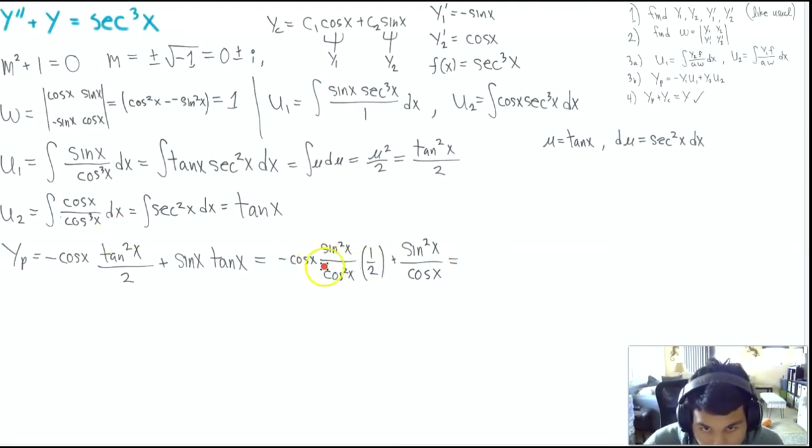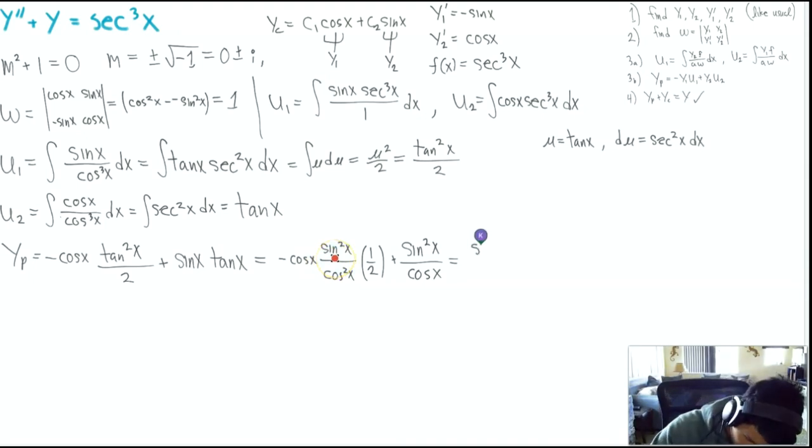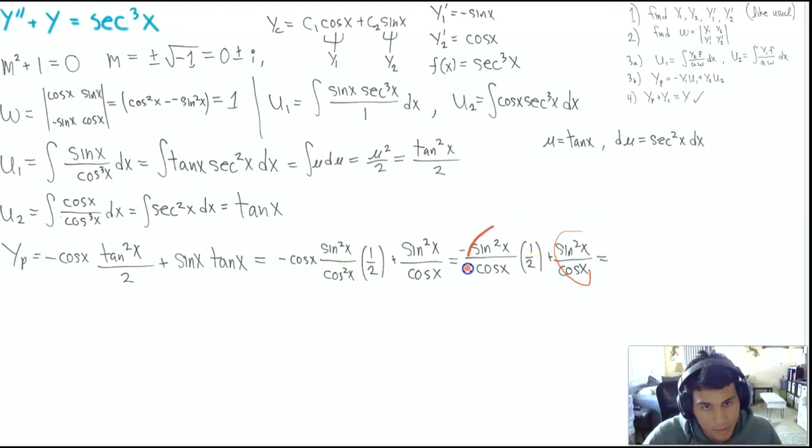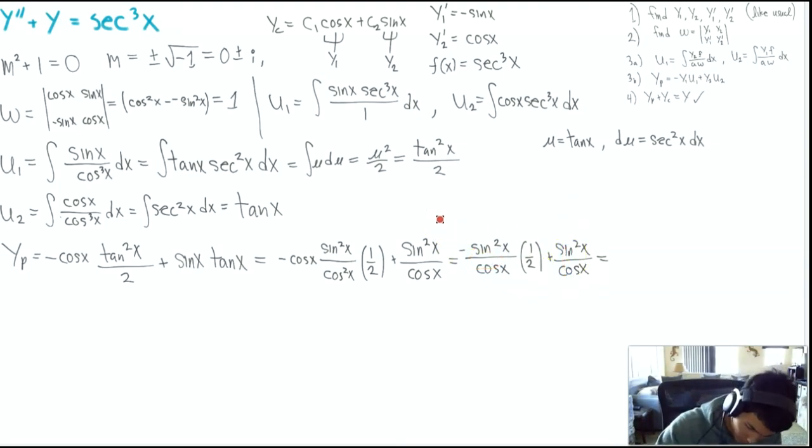So this is going to become negative sine squared x over cosine x times 1/2 plus sine squared x over cosine x. And these are the same thing, except one is negative 1/2 and one is a full. So it is just simply sine squared x over cosine x all times 1/2.